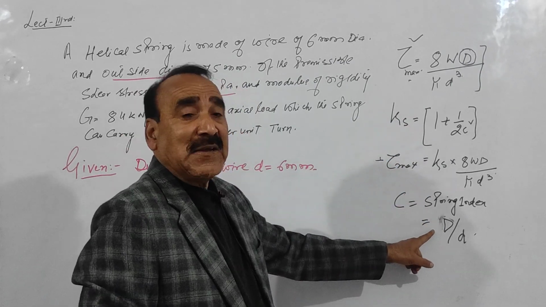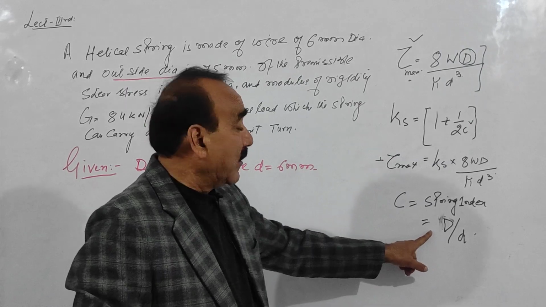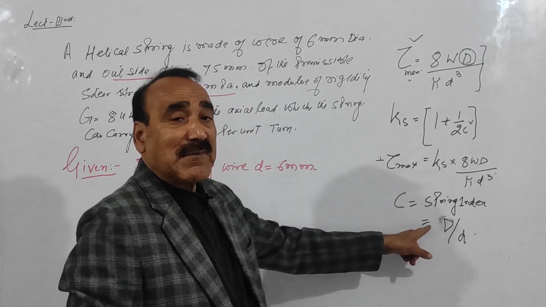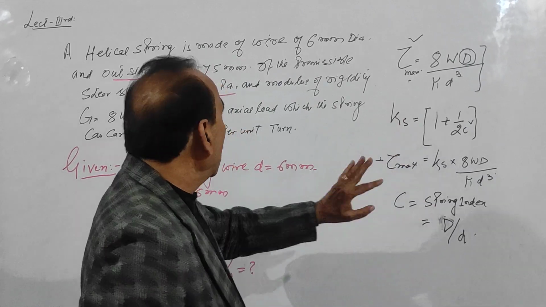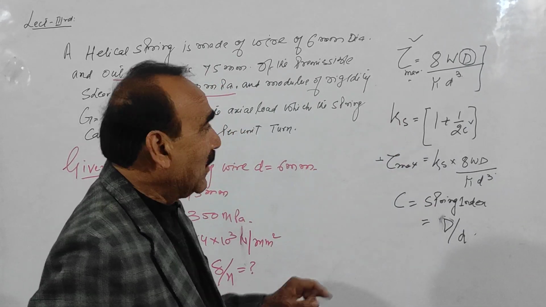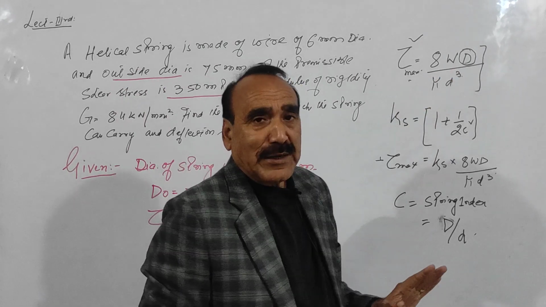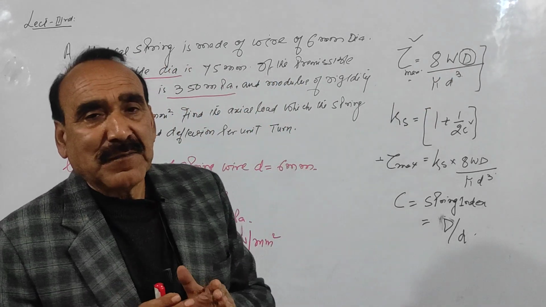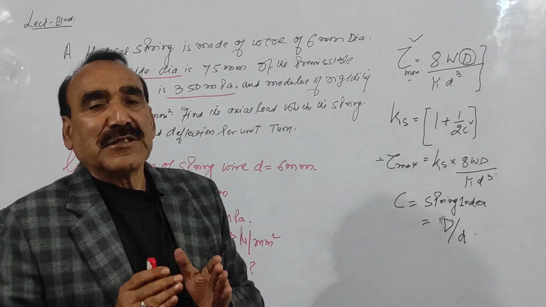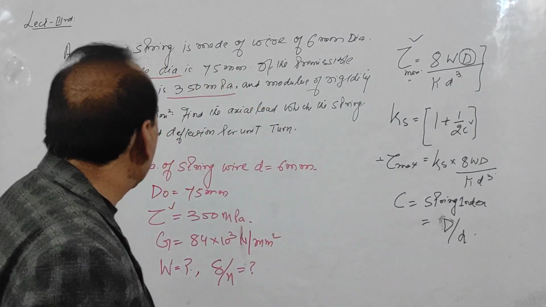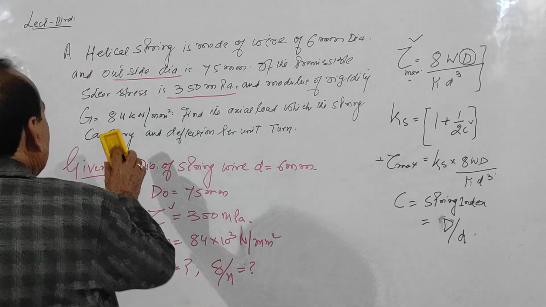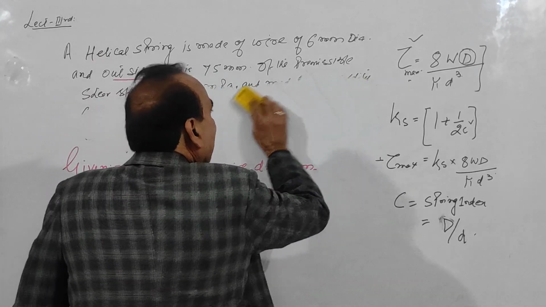D is a very important parameter to find out here, because to find the spring index you also have to calculate D, and wherever this formula is, you have to calculate D. So first we will find D, that is the mean diameter, right? Just see here. So we will calculate the mean diameter this way.